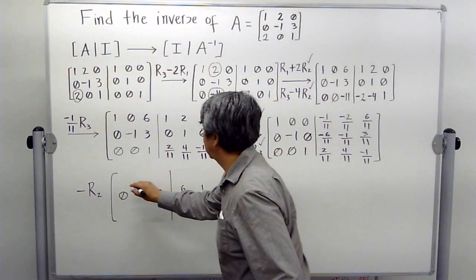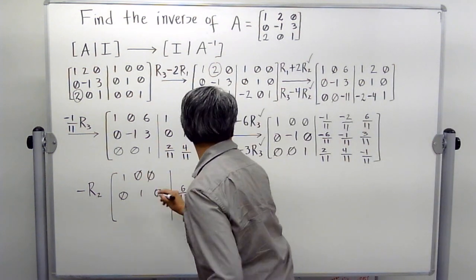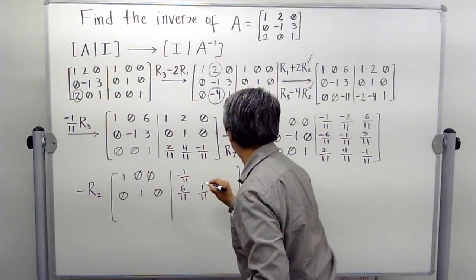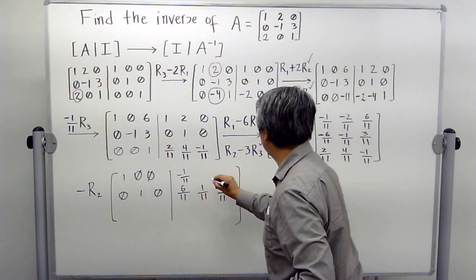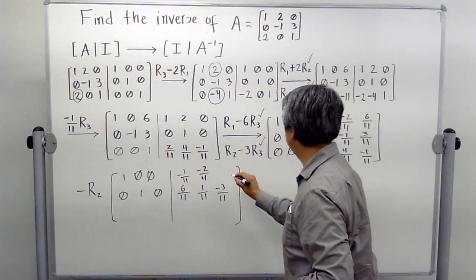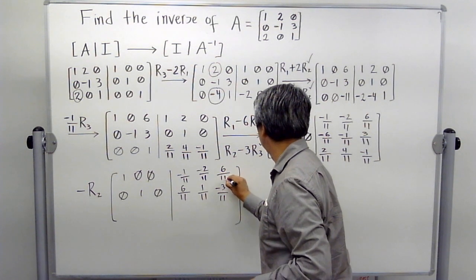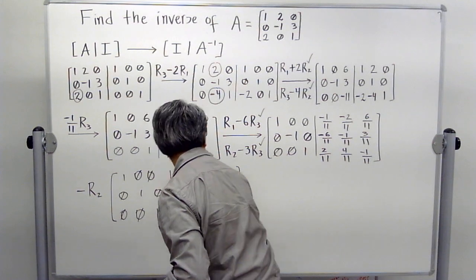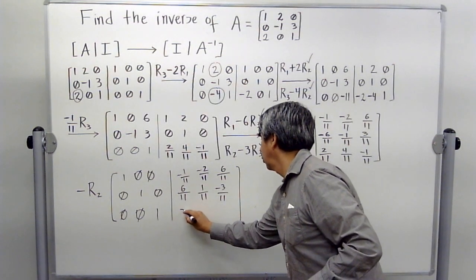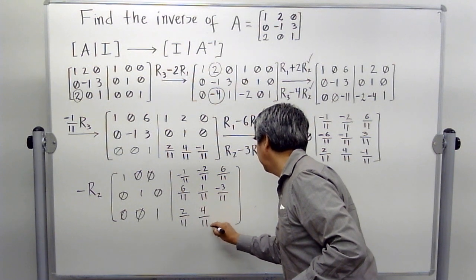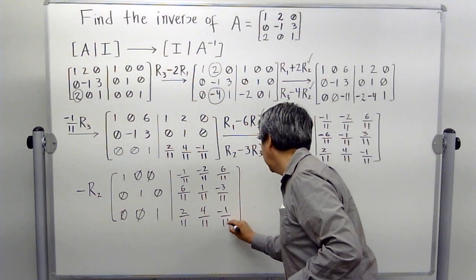So 1, 0, 0, negative 1 over 11, negative 2 over 11, 6 over 11, 0, 0, 1, 2 over 11, 4 over 11, negative 1 over 11.